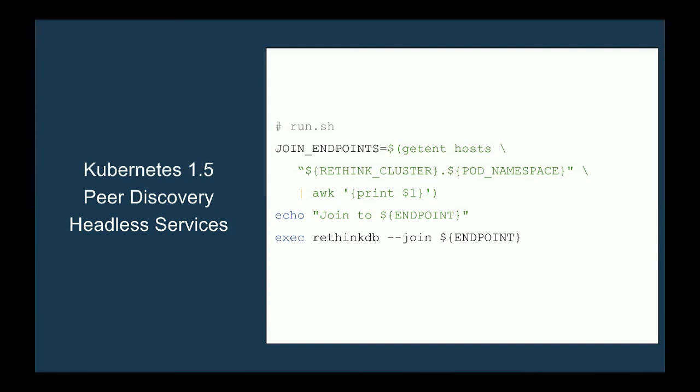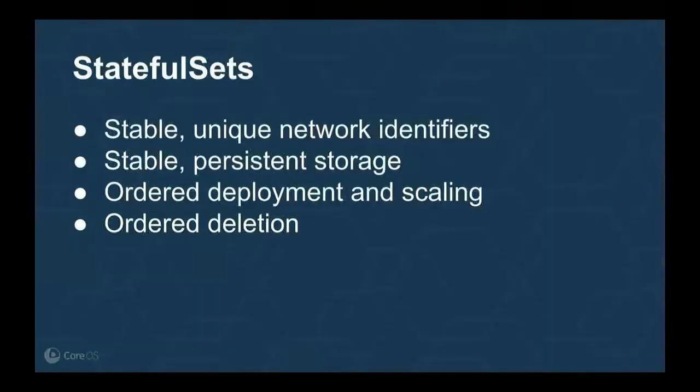We have storage that has been provided to us. We have an expected model of how to come up. And then we have the naming convention in the network that has been set up for us. So unique network identifiers are set up for you automatically.